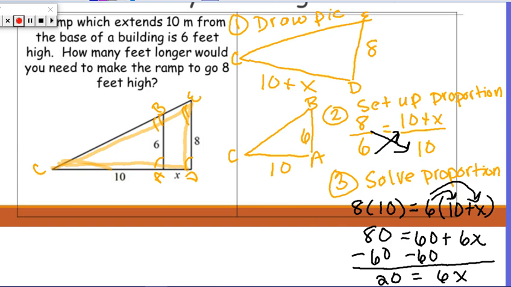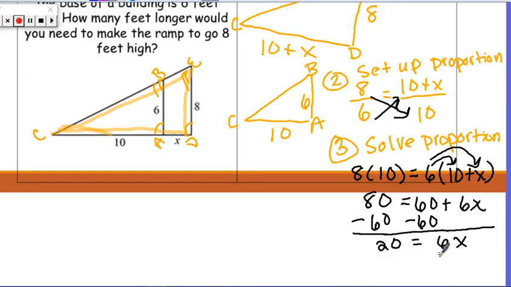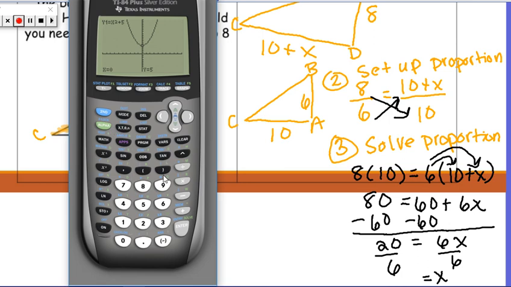Alright, so I set that up. Then we get 20 after subtracting 60, and divide by 6. We're going to use our calculator to help us simplify this if it can be simplified. If it can't be simplified, then don't write it in decimal form. Leave it in fraction form.